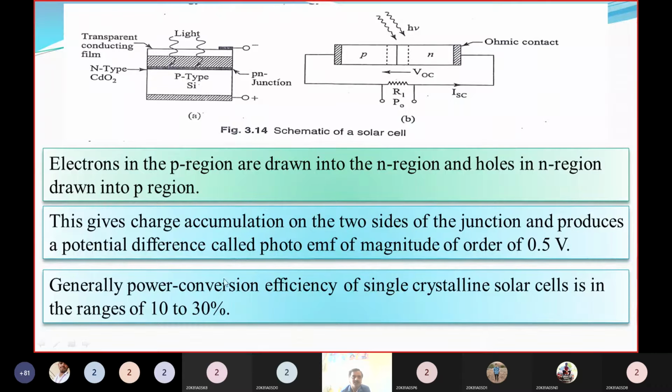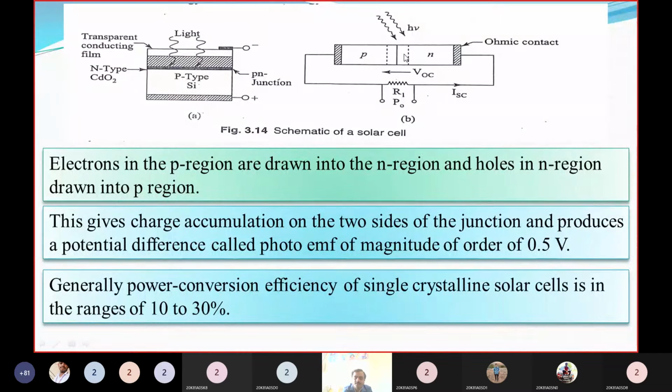Because of this charge accumulation, two charges are separated at a certain distance. As we already discussed in the last chapter, if charges are separated at a certain distance, a potential will be developed due to these charge carriers.